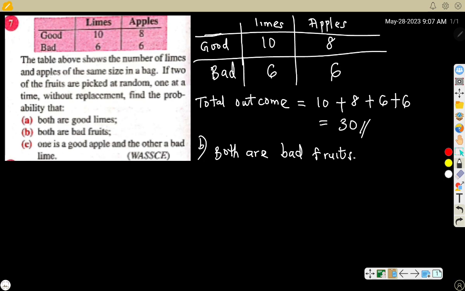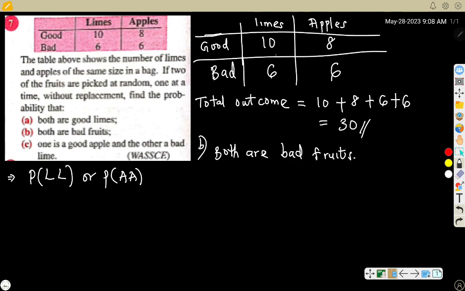Now you will use your own common sense. Since I don't actually know the fruits, since both are bad fruits, it can be either bad limes, or it can be bad apples.